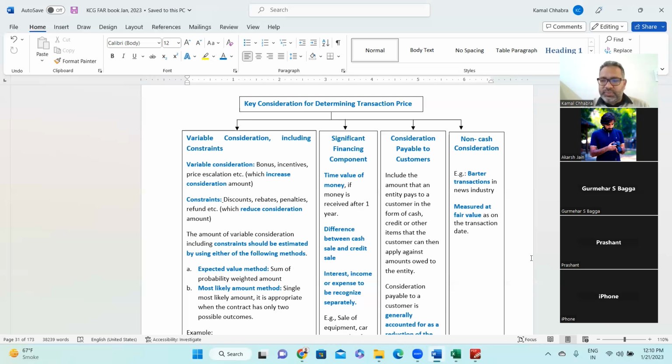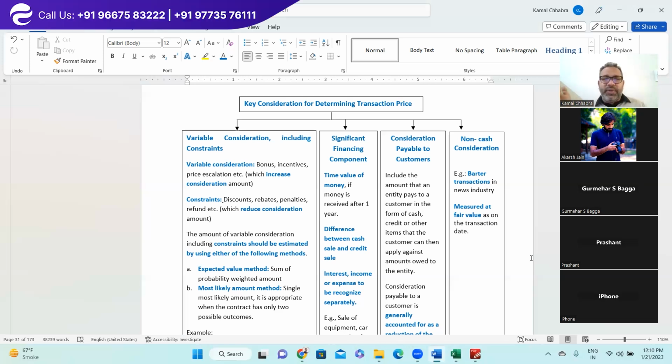What is the discount? Discounts are generally called constraint to variable consideration. Anything which is adding to the fixed price is called variable consideration, and anything which is reducing the price, whether on account of discount, rebate, or any other customary practice, is called constraint to the variable consideration. So variable consideration is the positive side, which is increasing the value.